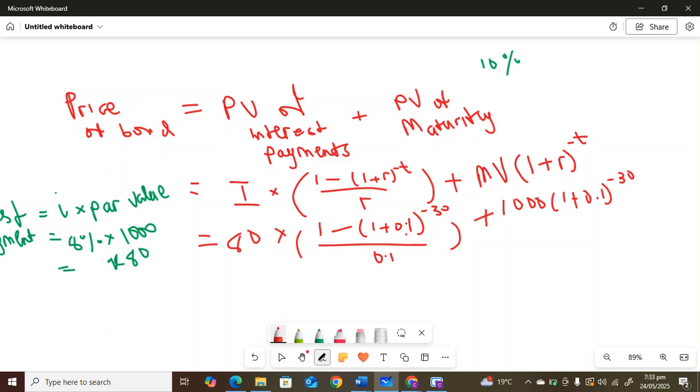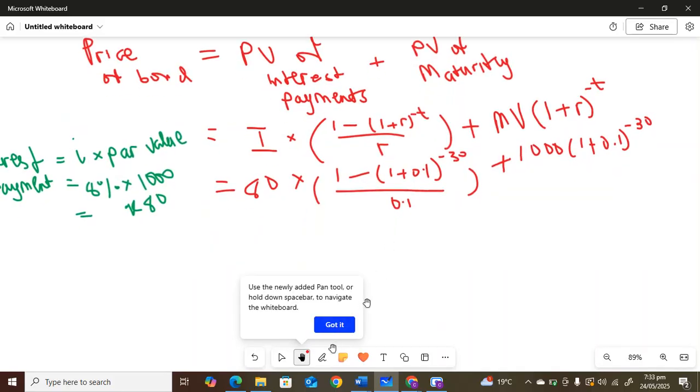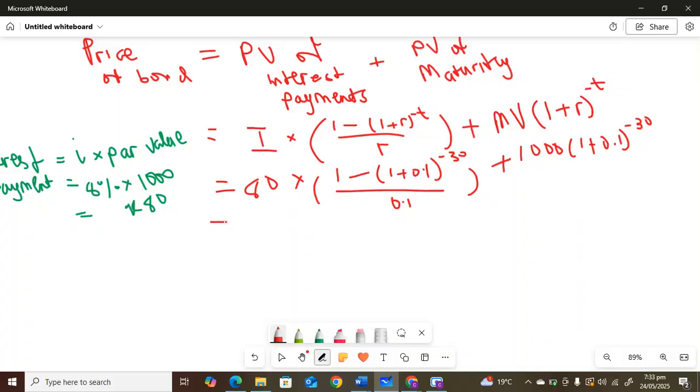So, madam, do you have a calculator? Let's start with the inside here. 1 plus 0.1, that gives us 1.1. And what is 1.1 to the power negative 30? 0.057. Okay, 1 minus 0.057.